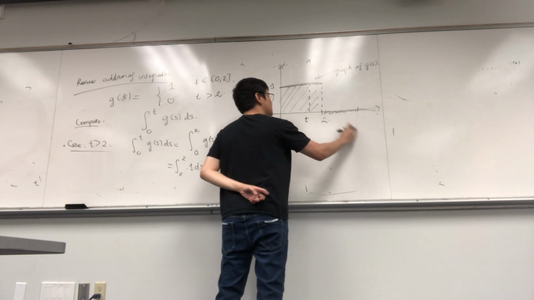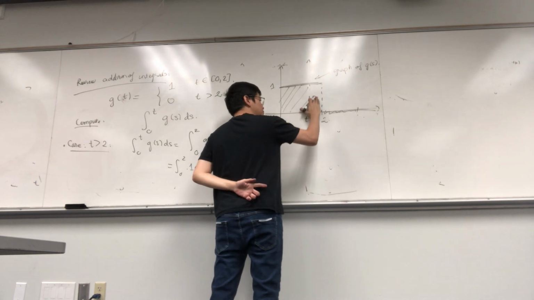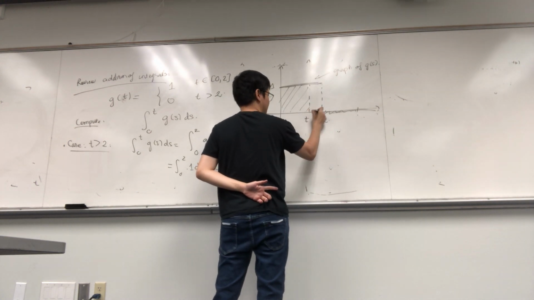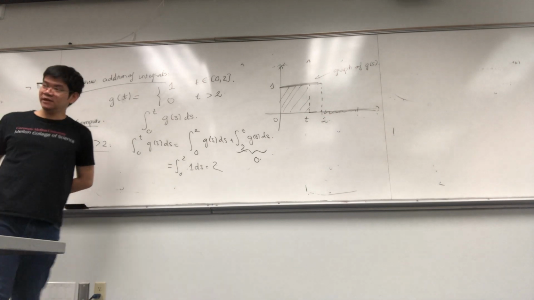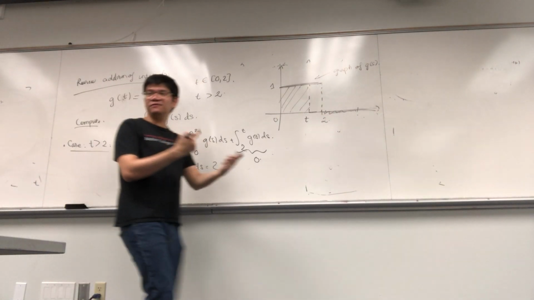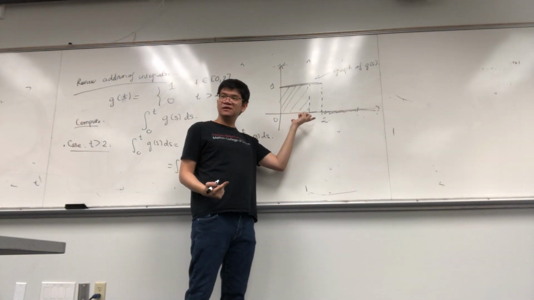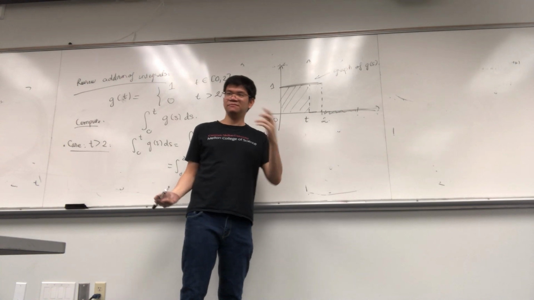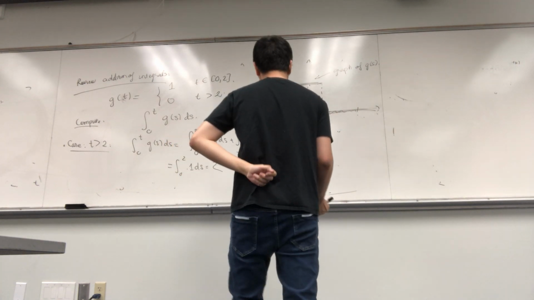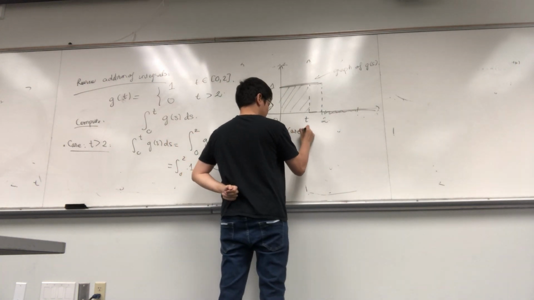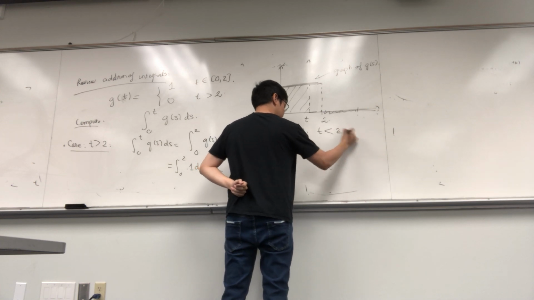If t is here, the area that you have to compute is smaller. Right? So you don't subtract because you compute from 0 to t. If you subtract, it's the same. It's the same business, right? Case number 2, t is smaller than 2, right?